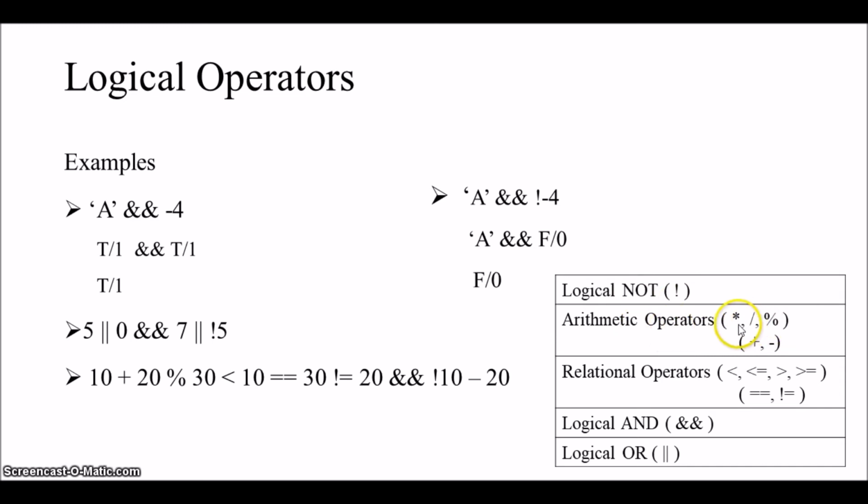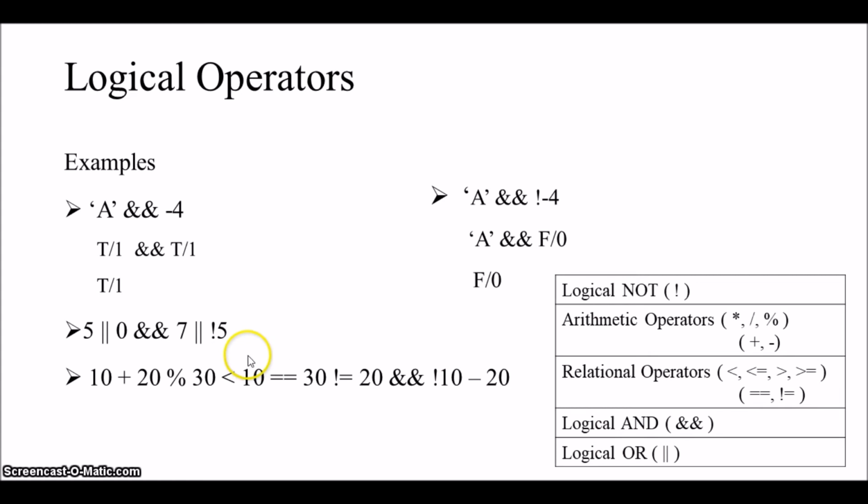Again in arithmetic operators, multiplication, division and modulus have higher precedence than plus and minus. And then come relational operators. Again in relational operators, less than or equal to, greater than or equal to have higher precedence than equals to and not equal to. And then you need to evaluate logical and, logical or. So this you need to remember.